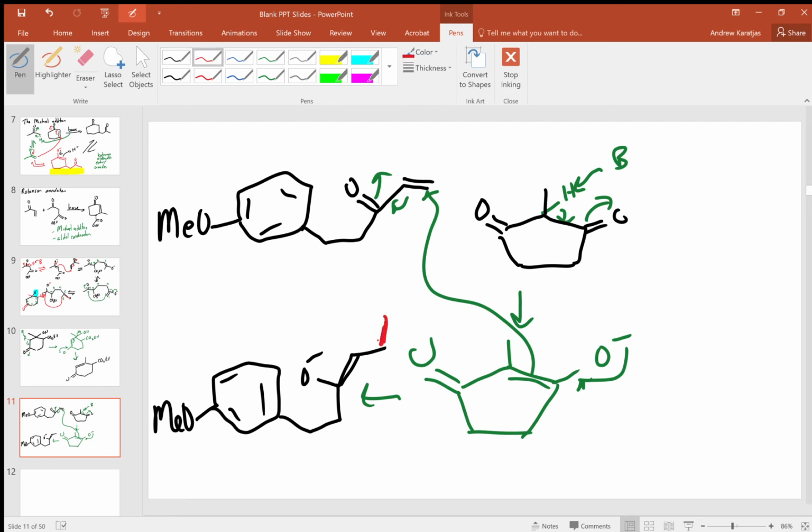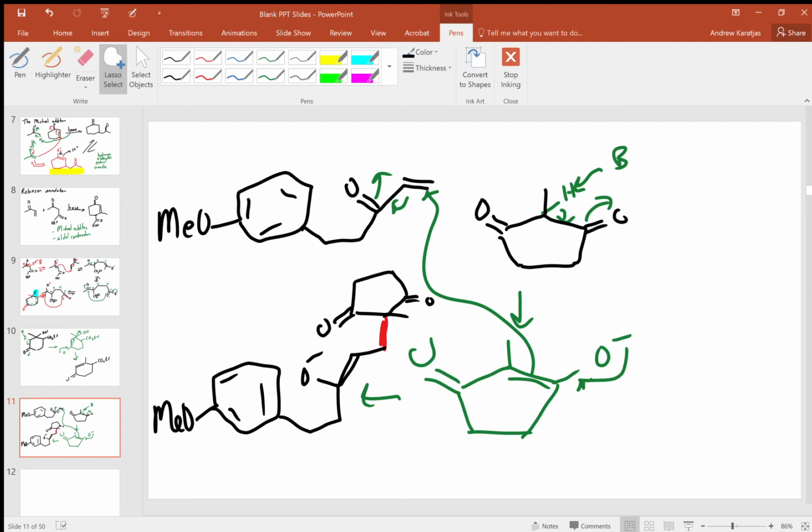Here's our new bond that forms. And then you recall in our previous example, we had to shift the enolate to the other side, that equilibrium process.